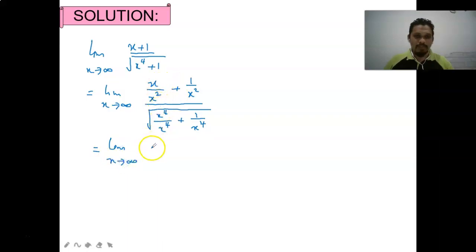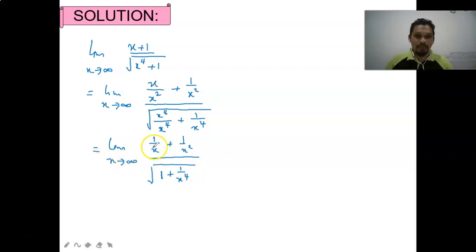1 over x plus 1 over x squared divided by the square root of 1 plus 1 over x to the power of 4. So x is approaching infinity, positive or negative.